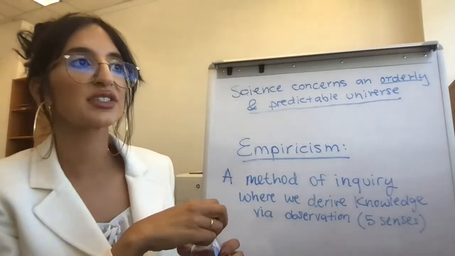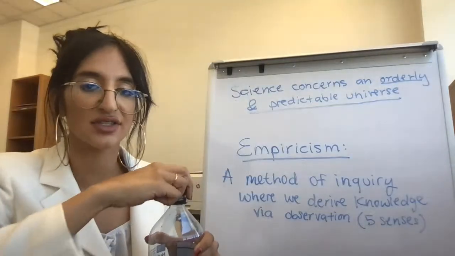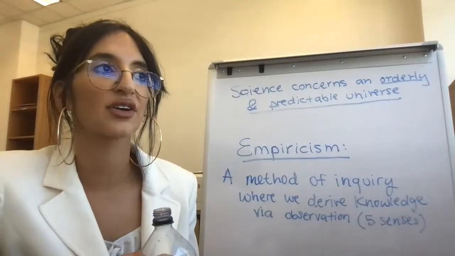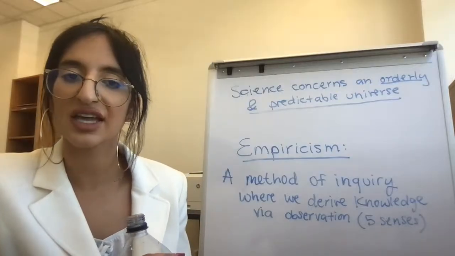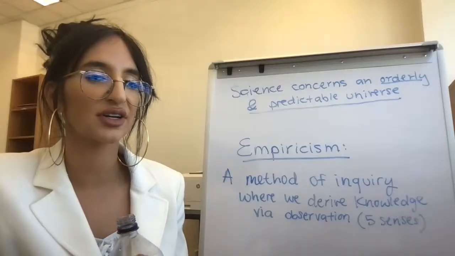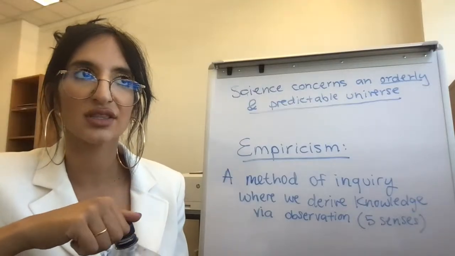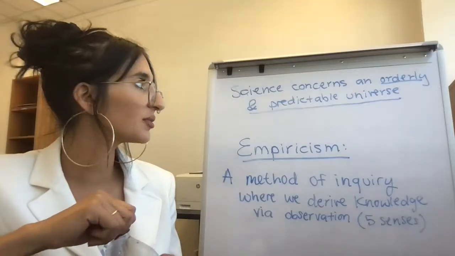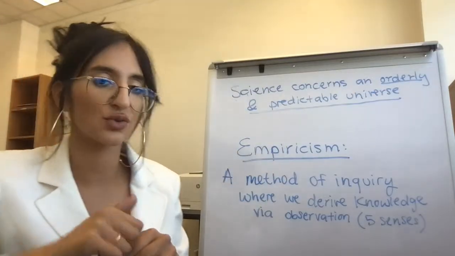Or if I notice that all the cats I've observed, thousands and thousands, have a carnivorous diet, the next cat I see tomorrow probably similarly will have a carnivorous diet. Now notice these types of inferences can only make sense if we assume that the universe is orderly and predictable.